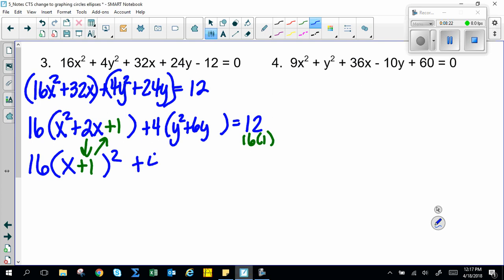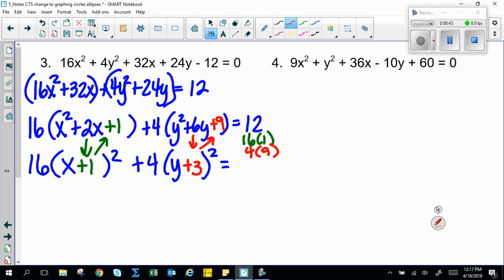For the y term, when I complete the square, I'm going to take half of positive 6 is positive 3. Positive 3 squared is positive 9. And I'm going to add 4 times 9 to the right-hand side.